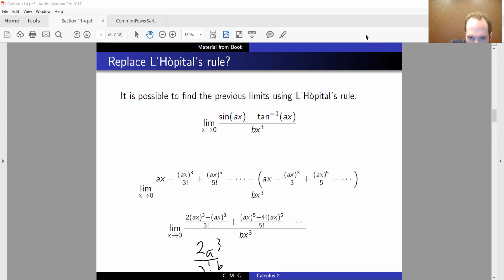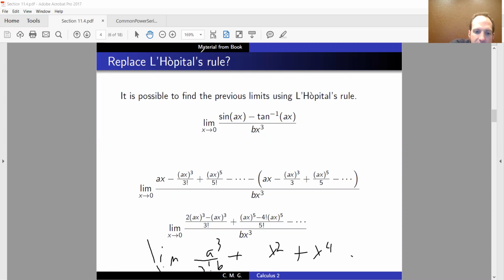And then on the other, a cubed over 3 factorial b. And then for every other term, I'm going to have something like an x squared, and an x to the 4th, and so on. And so each term after that first one will end up having an x in it.